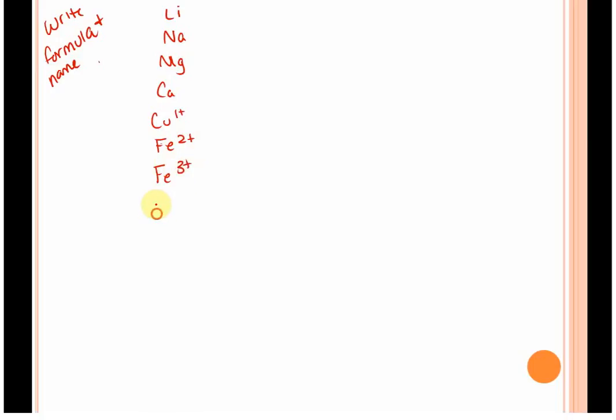So I give them a set of atoms. Here I want you to write the formula and name of these combinations. So lithium, sodium, magnesium, and what nonmetals did I give?